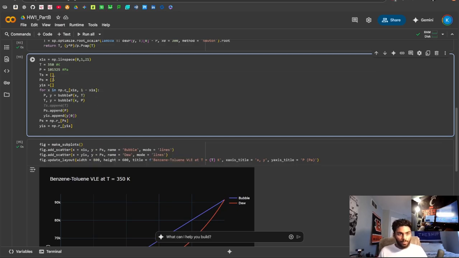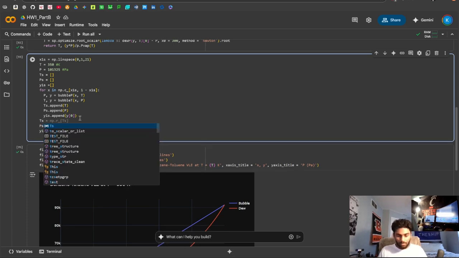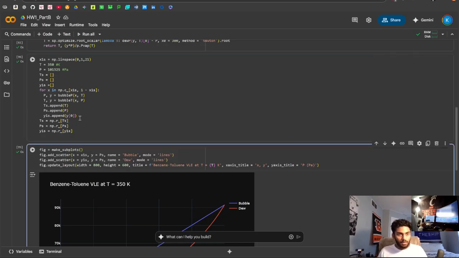And we'll do a T's append for every T that we have. And same thing down here, np.concatenate of our array of T's. As long as that looks okay, we can add a new scatter here now.